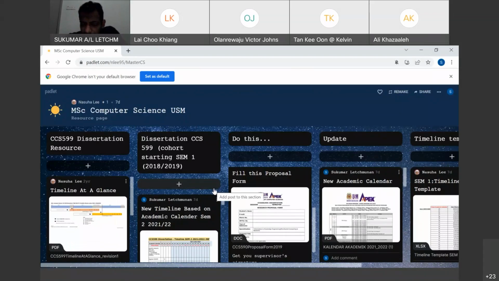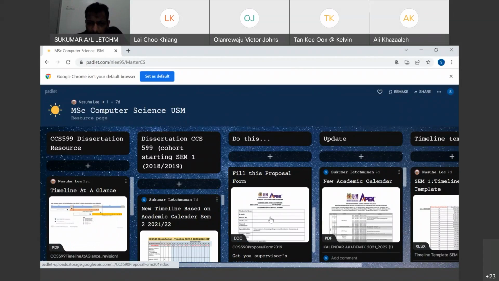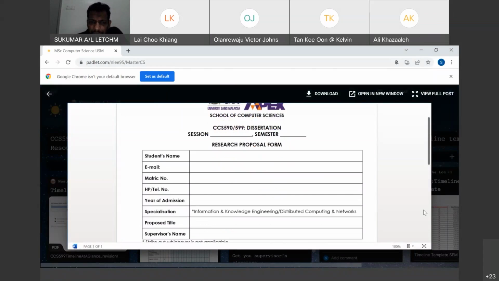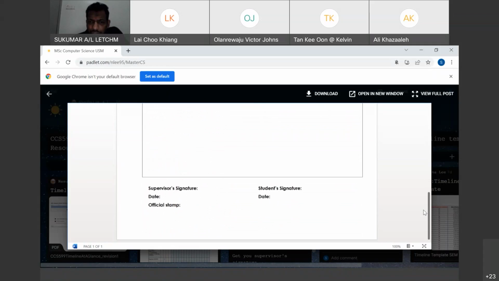Hi, Ali. Yes, about the supervisor's signature, will we request that by system or by WhatsApp directly from the supervisor? You need to fill up this form and send it by email to your supervisor.